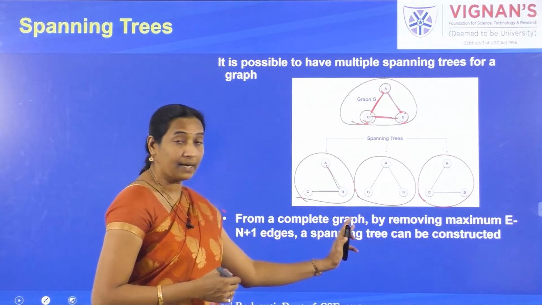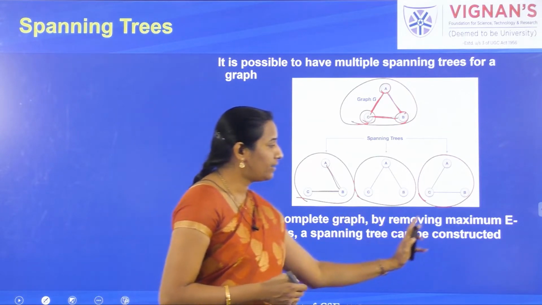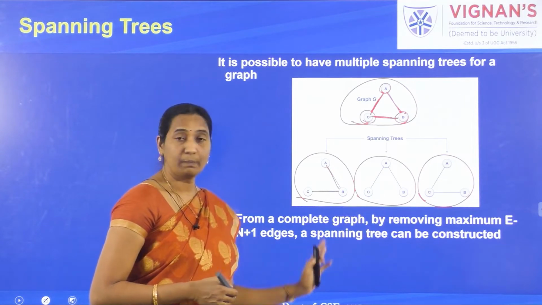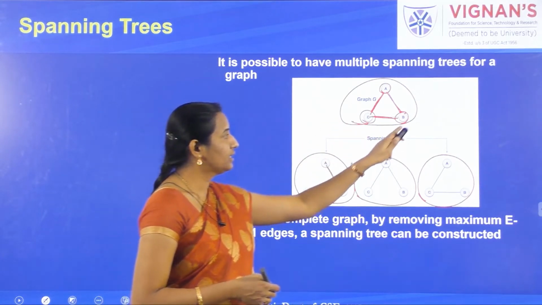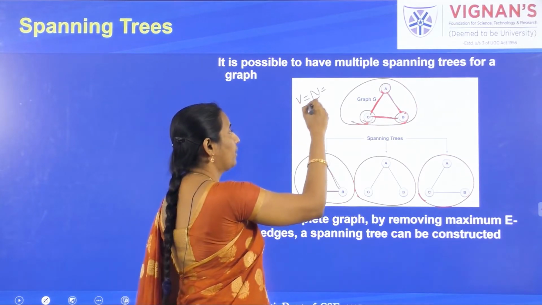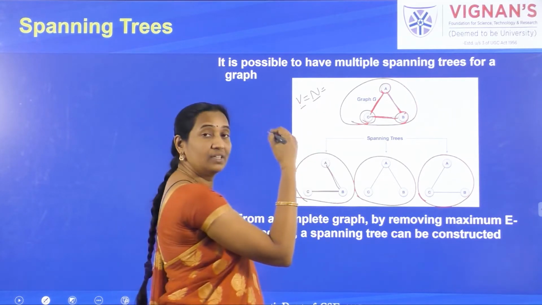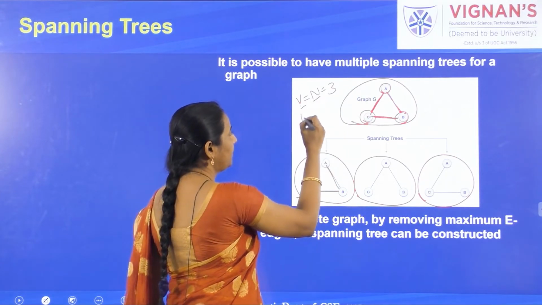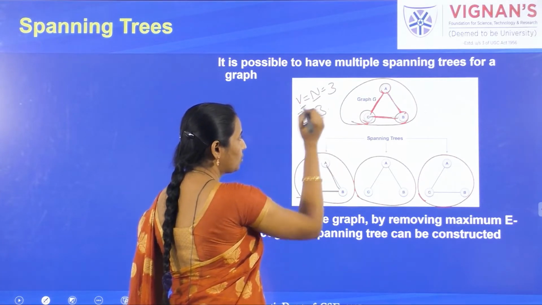And if it is a complete graph, then if you remove E minus n plus 1 edges, you can construct the spanning tree. Say for example, here there are 3 vertices. You can denote the number of vertices either by n or by v, where v stands for vertices. Here the number of vertices is 3 and E stands for the number of edges, which is also 3.